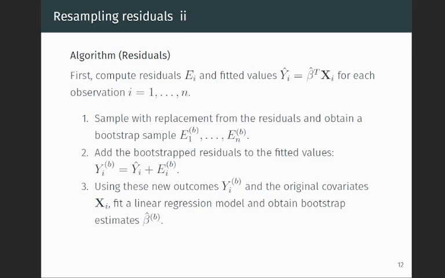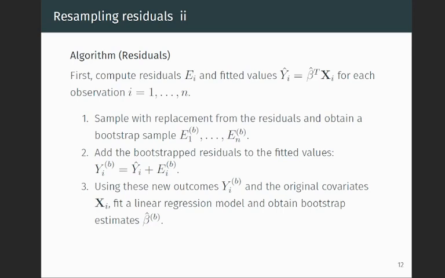I'm going to call them e_1^b all the way to e_n^b. Next, we add the bootstrap residuals to the fitted values to get bootstrap y_i's. I call them y_i^b, the fitted values from the original model plus the bootstrapped residuals.